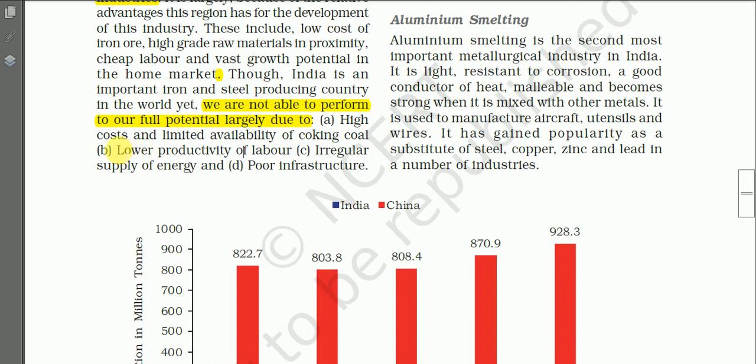Number two, labor productivity is low. Number three is the irregular supply of energy, irregular supply of power. And the last one is poor infrastructure, that means a poor transportation network. Then the machineries are old.